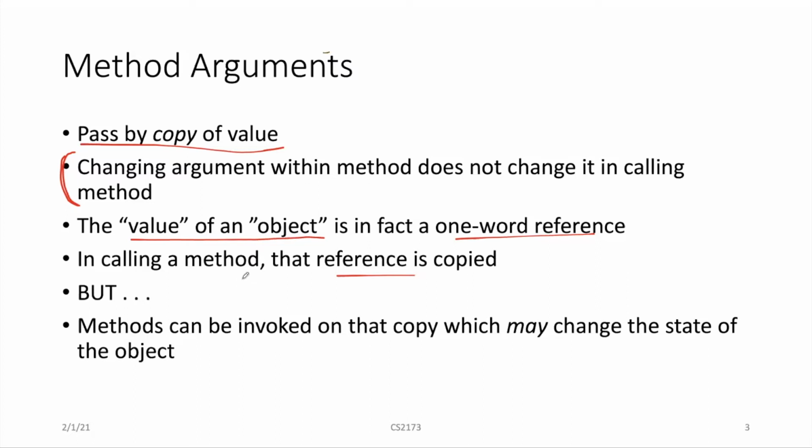But here's the little thing on that: because it's a copy of the reference to the object, if I invoke a method on that copy, then it actually does change the state of that object, if that makes any sense. It's an important thing to understand when things don't go exactly the way you think they're going to go.